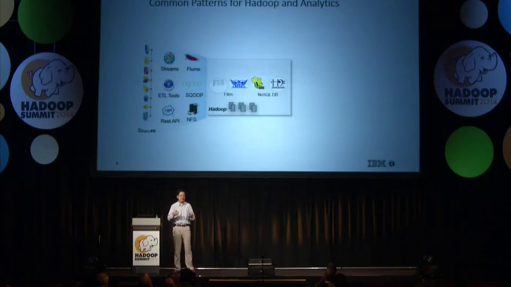So let's take a look at the common pattern here. We've seen some of these earlier this morning in the keynote. I think this is my version of it. Hopefully you will like it. I'll go over it very quickly. So as we all know, we have all kinds of data, structured, unstructured, inside the firewall, outside the firewall, coming in, and there are various methods of getting data ingested into what we call the data lake, data landing zone, analytics sandbox.